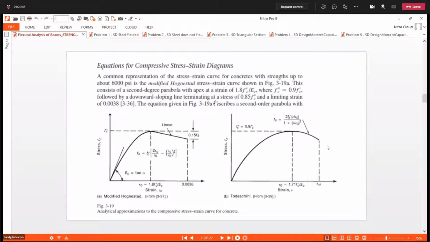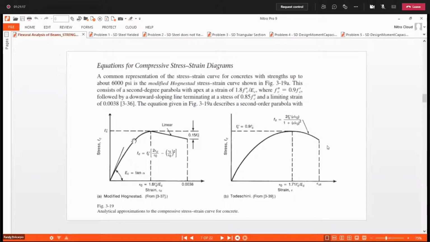Okay, so this consists of a second degree parabola with apex at a strain of 1.8 F double prime C over EC, where F double prime C is equal to 0.9 F prime C, followed by a downward sloping line terminating at a stress of 0.85 F double prime C. So ito yon, no?